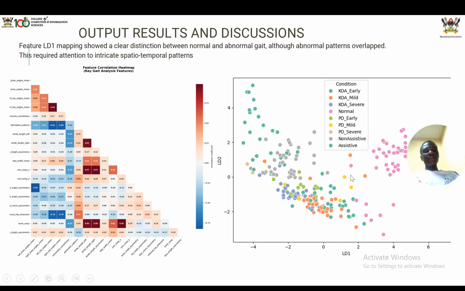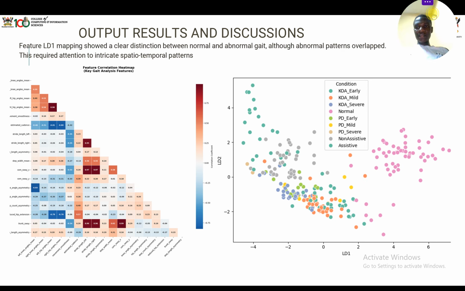And then the correlation matrix represented how the different aspects within a video correlated, like how each disease, how each gait pattern was associated with the other. So we found that there was no relationship between others, and they had negative correlation as indicated by the blue colors.